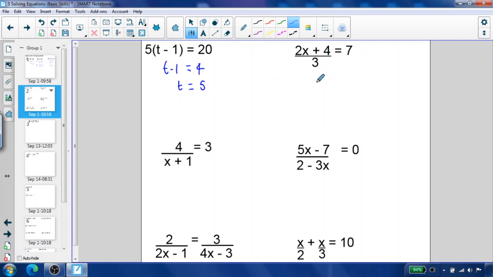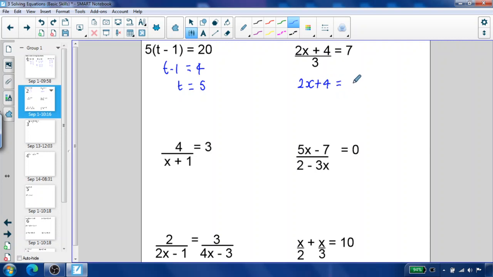This one, 2x plus 4 divided by 3 is equal to 7. We need to work with the denominator here. This actually means 2x plus 4, all divided by 3. So if I multiply both sides by 3, I'm going to cancel this denominator here. So if I multiply by 3, I'm just going to be left with 2x plus 4 on that side.